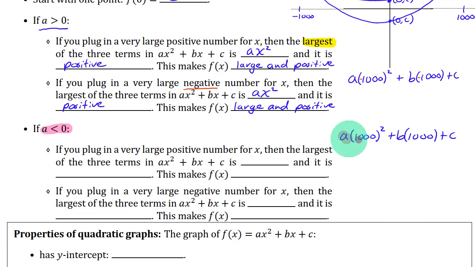So this is a negative times a positive. This whole thing is going to be negative, or at least the ax squared part. But it's still going to be a really big negative number. Because again, 1,000 squared is still 1,000,000, and that's 1,000 times bigger than just 1,000. So the largest of the three terms is still ax squared, and this time it is negative.